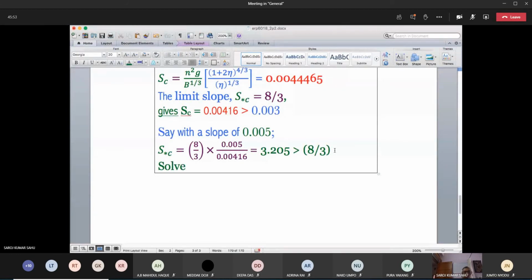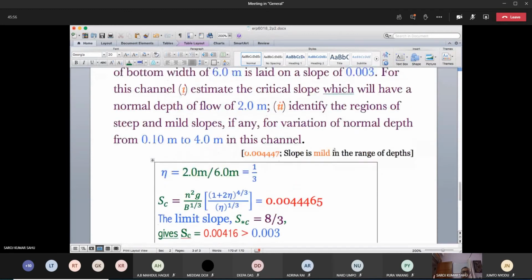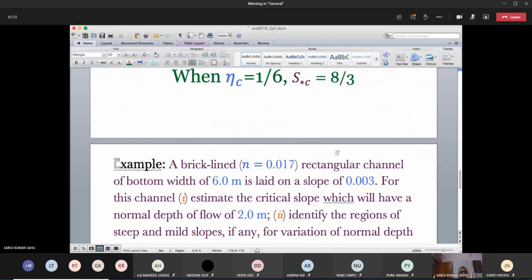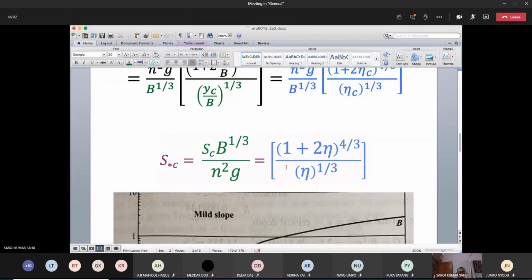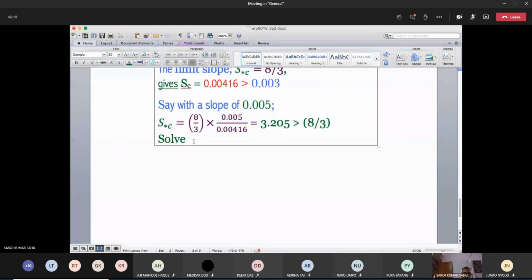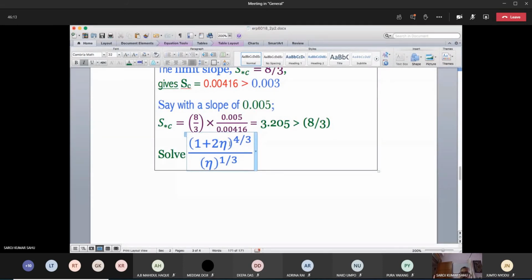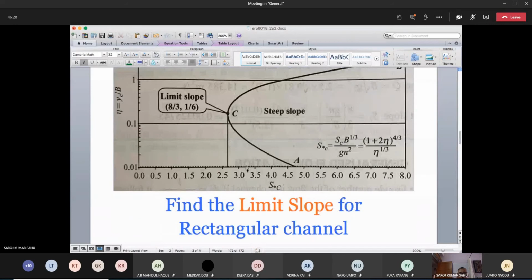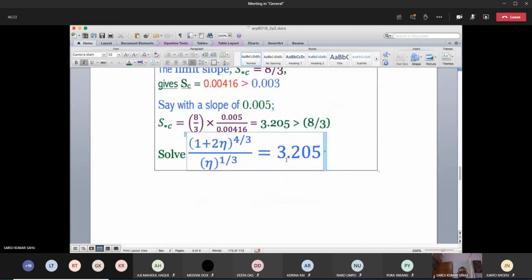Your equation is this, equal to 3.205. So this equation you solve. That is, in this curve for 3.205, what are the two values of eta? You'll be getting two values of eta.